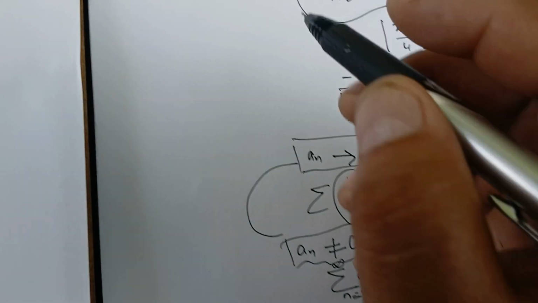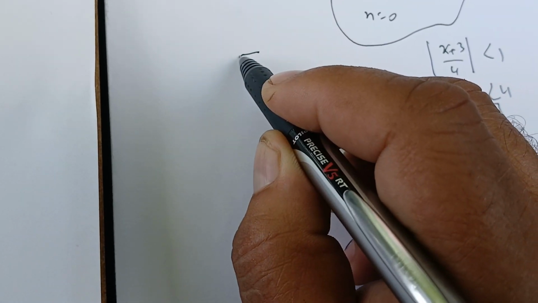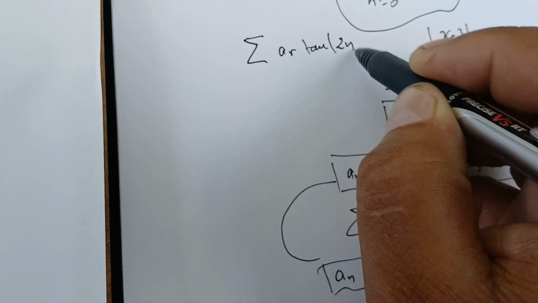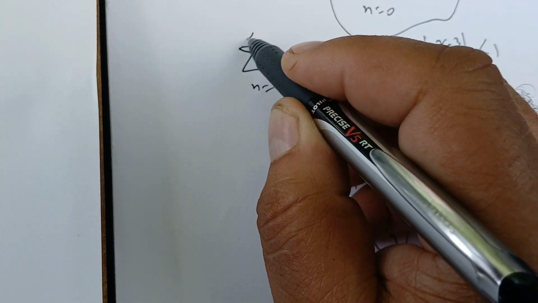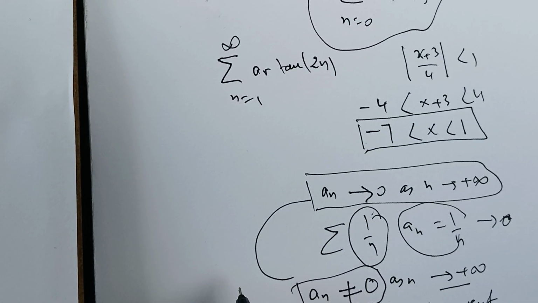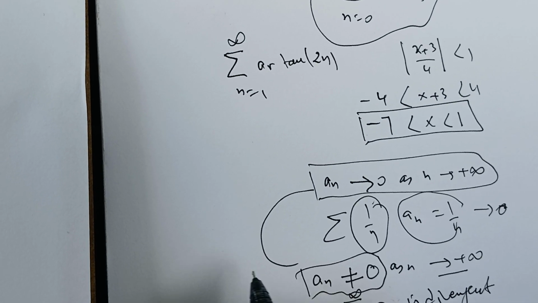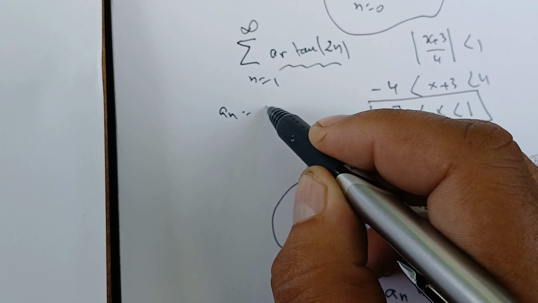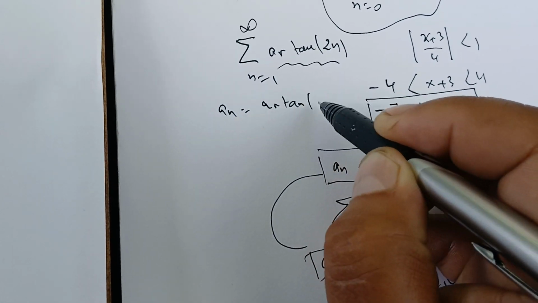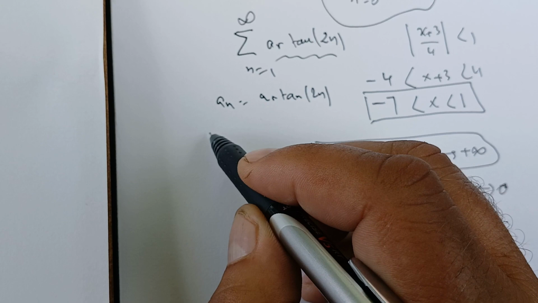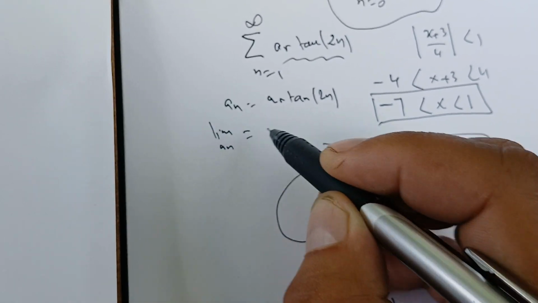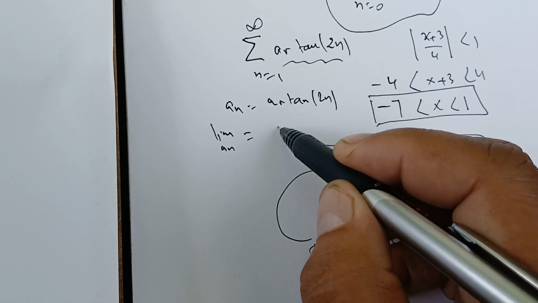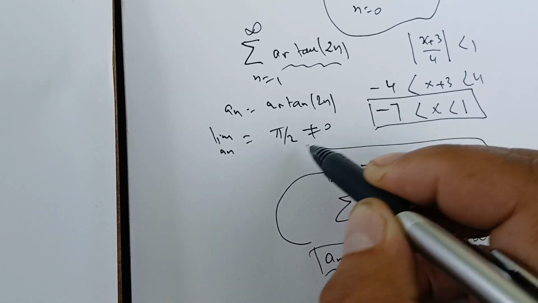For instance, assume that we are trying to find the sum of the series arctangent of 2n, with n going from 1 to infinity. The general term is arctangent of 2n. When we take the limit of a_n, it's the limit of arctangent at infinity, which is pi over 2. It's different from 0.